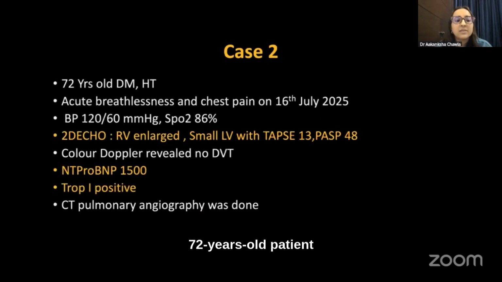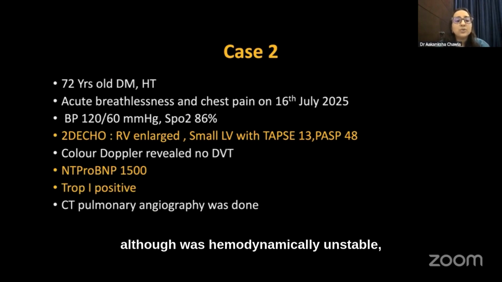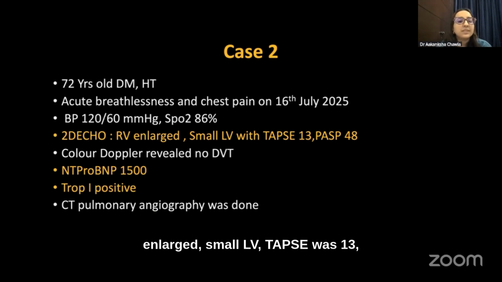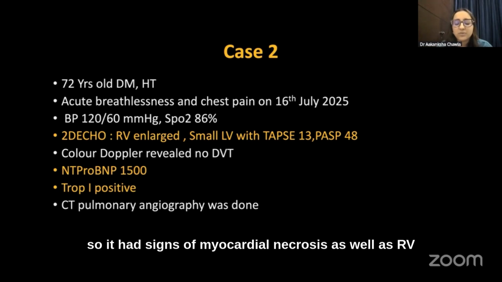Another case, a 72-year-old patient with diabetes and hypertension as comorbidities, although hemodynamically stable, but on echo had an enlarged RV, small LV, TAPSE was 13, and pulmonary artery systolic pressure was 48. NT-proBNP was 1500 and troponin was positive, so it had signs of myocardial necrosis as well as RV strain.